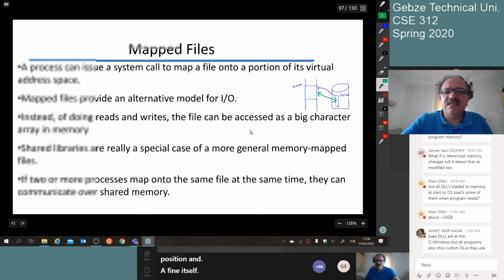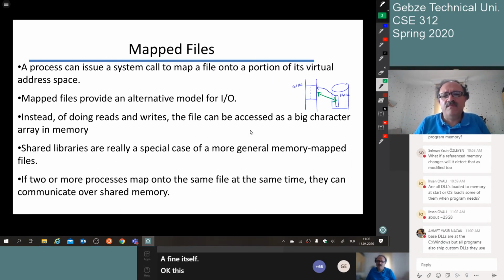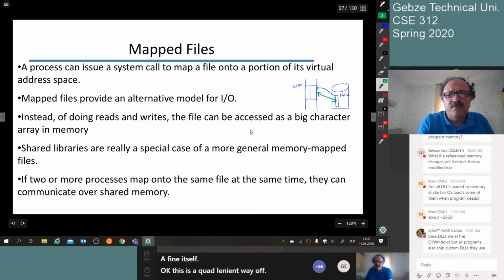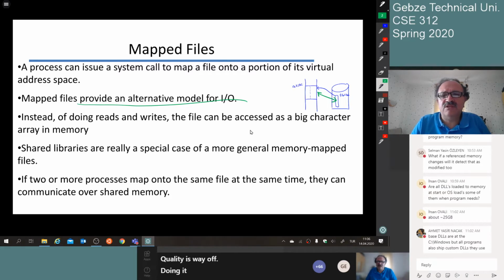This is a convenient way of doing input output with your secondary storage. Instead of doing reads and writes, they can be accessed as a big character array in memory.